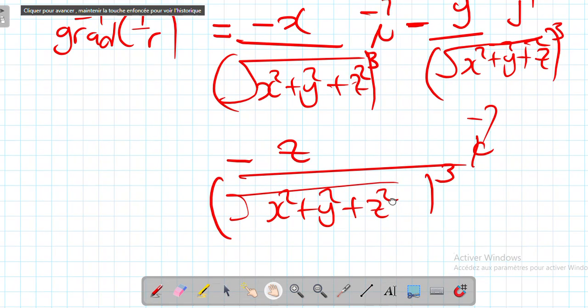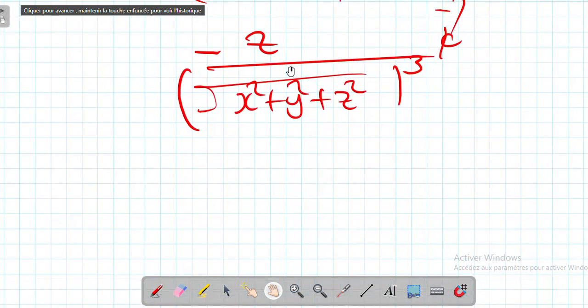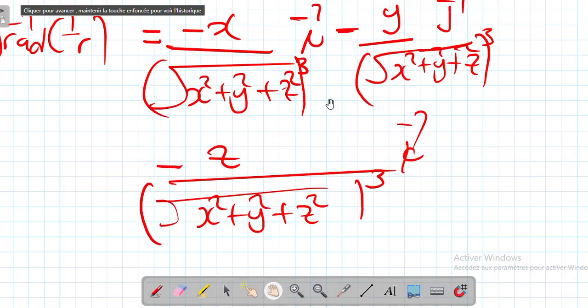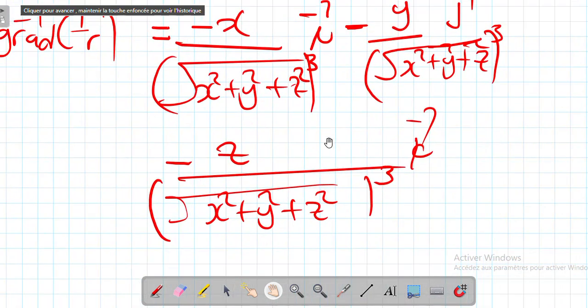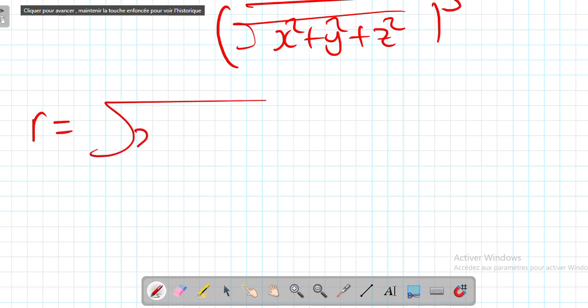So if they were to ask you, once you find the gradient, this is how you find the gradient in the base Cartesian, then you are done. But if they were to tell you, once you find the gradient, can you convert it into the spherical coordinate system? It's very easy. The first thing you need to know is r in the spherical coordinate system is equal to the root of x squared plus y squared plus z squared.